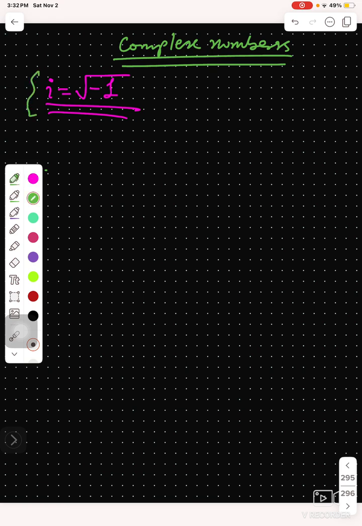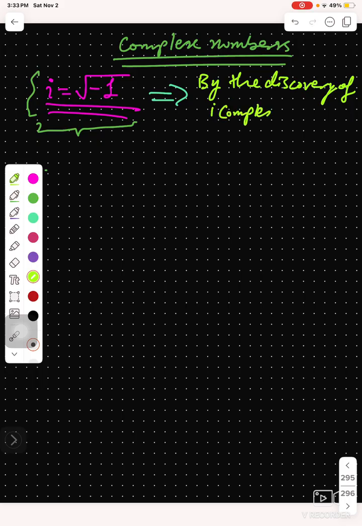This single discovery changed everything. Whatever we found hard and couldn't solve, after the discovery of i, or the complex number, everything changed.